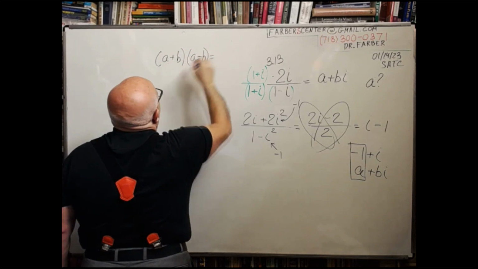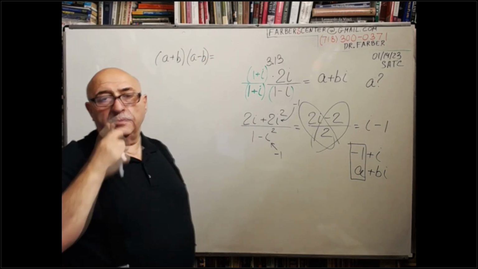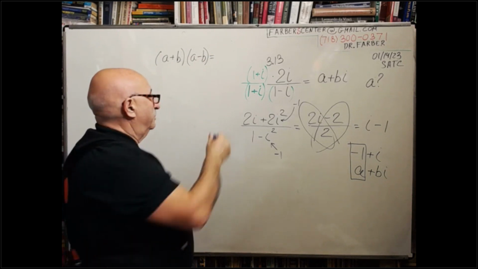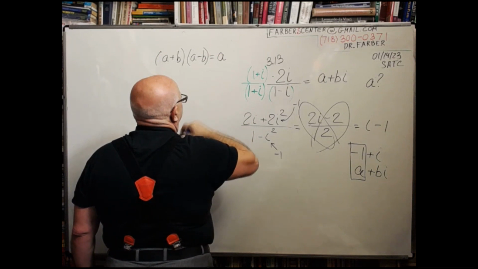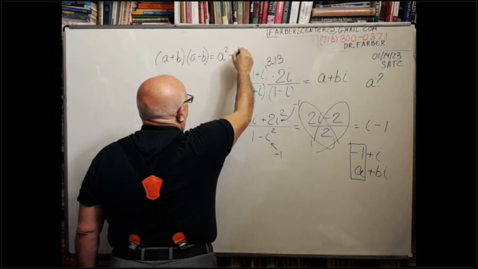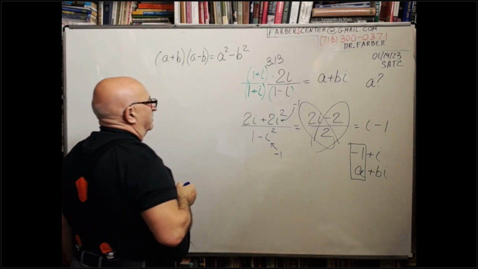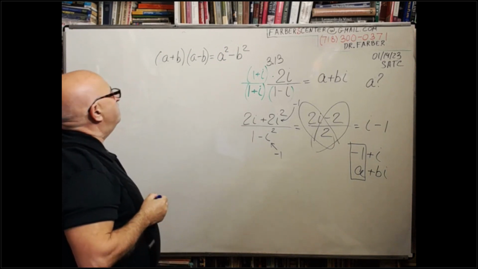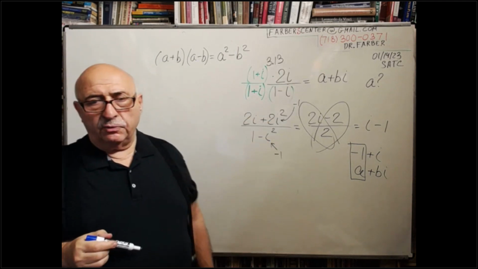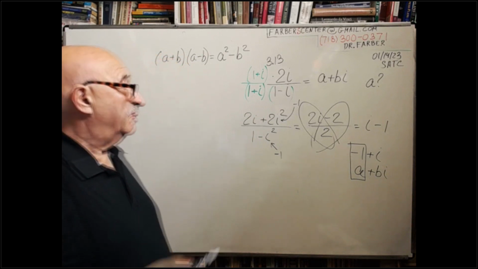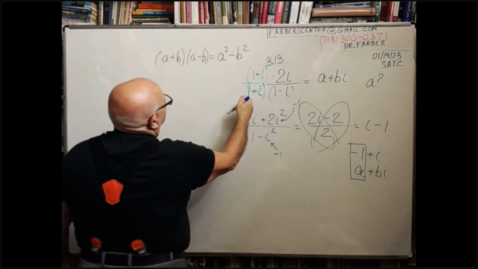Help me if you remember. a squared plus 2ab minus b squared. a squared minus b squared. Oh, oops, sorry. This key thing, we name it difference of squares: the difference of two squares equals the difference of terms multiplied by the sum of the two terms.